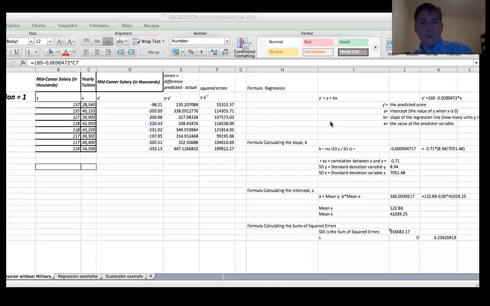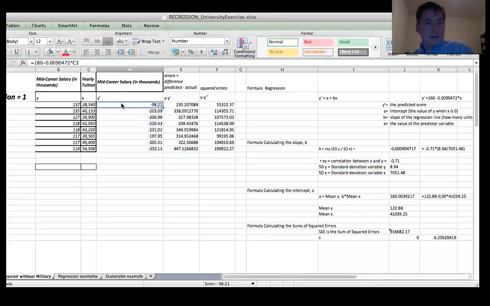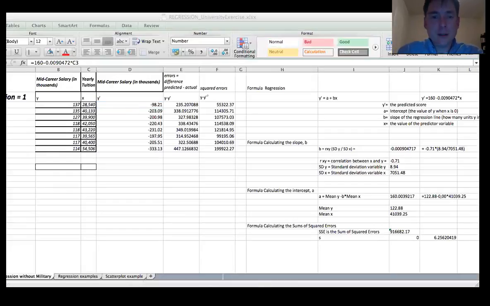So, for example, we could say, yeah, this is not right. How do I know this is not right? Well, no, it could be, but there's something. These values, the y hat, the predicted value should be positive, right?